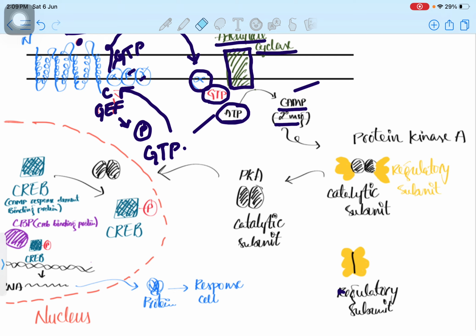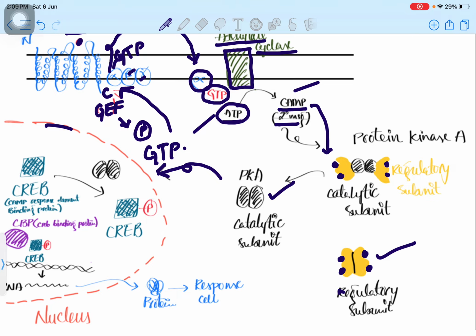So the two subunits are present here in this condition. Okay, and when cAMP forms, cAMP will come and attach on the regulatory subunit. When the cAMP gets attached on the regulatory subunit, the regulatory subunit and catalytic subunit get separated. So our catalytic subunit gets separated from the regulatory subunit here.